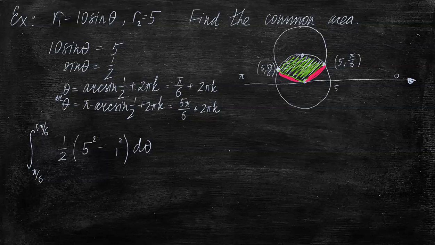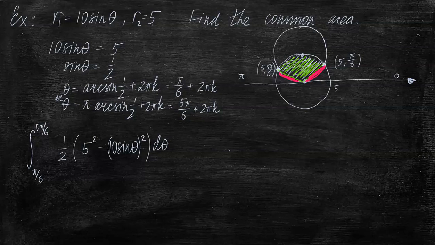Instead of R1, we're going to put 10 sine theta squared. And again, remember, this is just the green area.